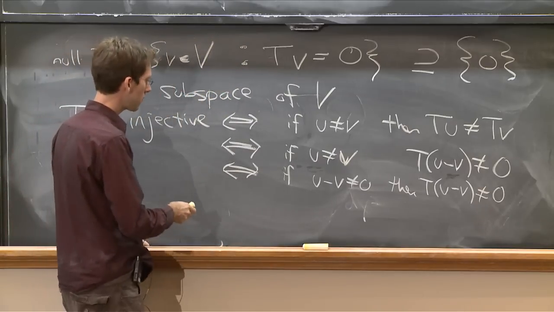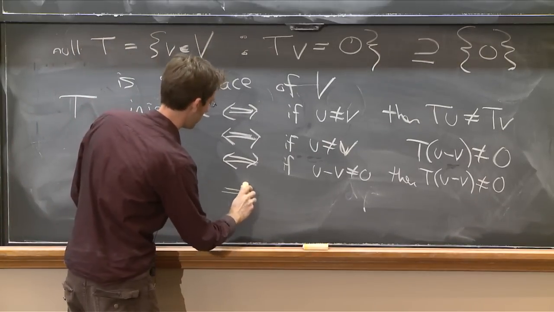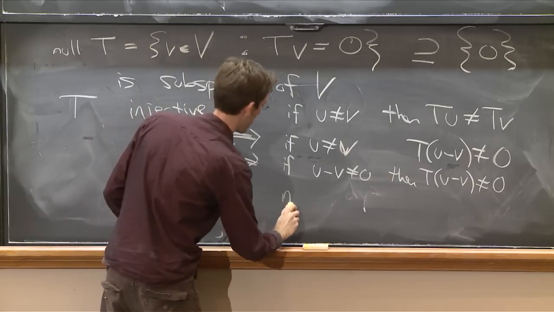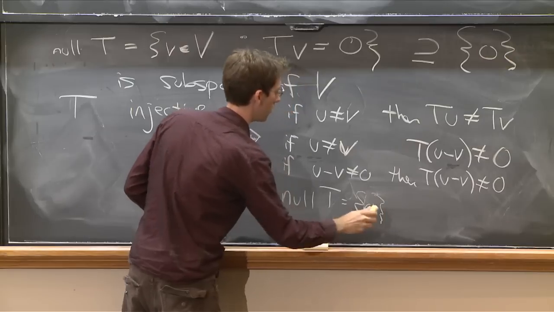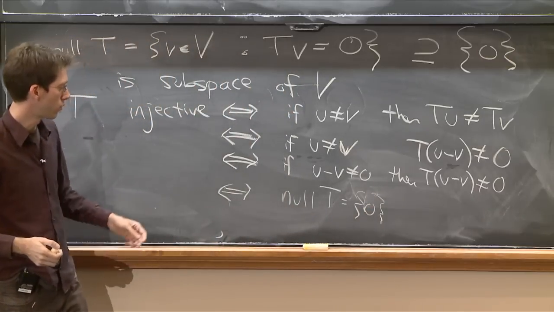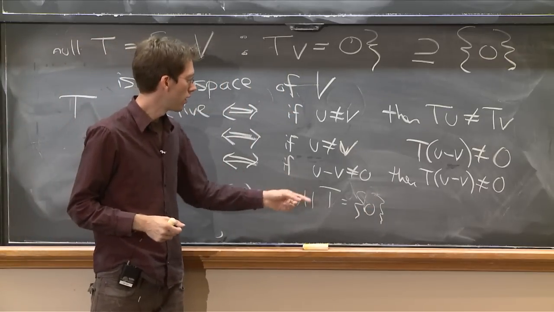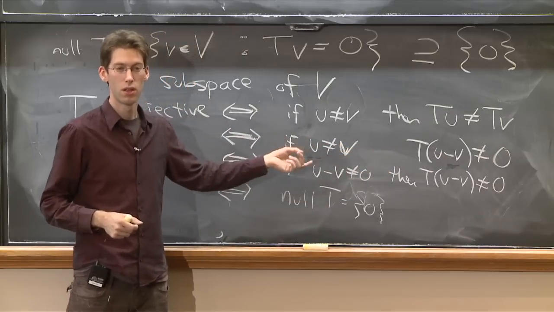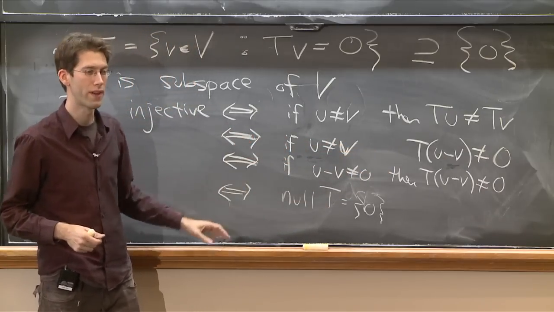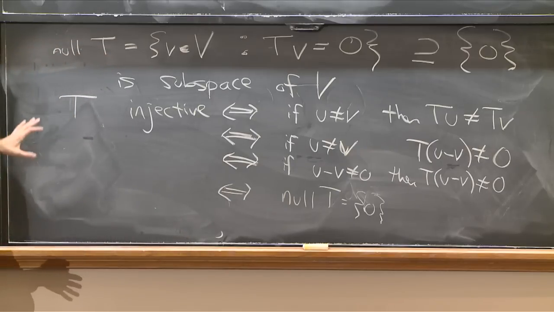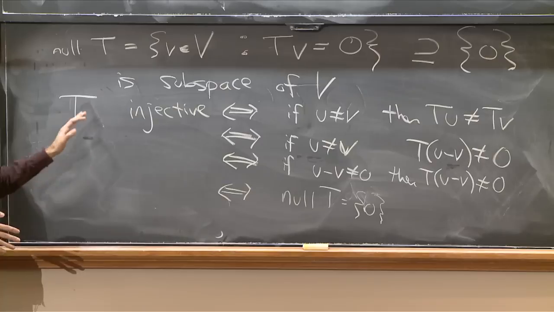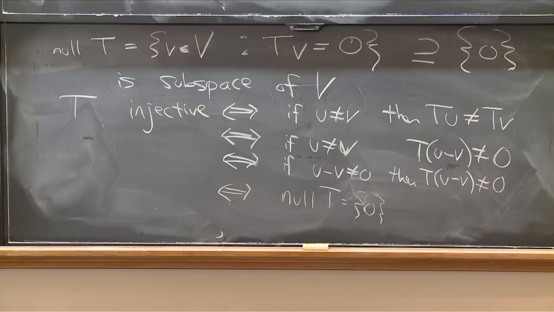And this, in turn, is equivalent to saying that the null space of T is only 0. In other words, the set of vectors that get sent to 0 consists only of the 0 vector itself. So the null space is, for linear operators, how we can characterize whether they're one-to-one, whether they destroy any information.